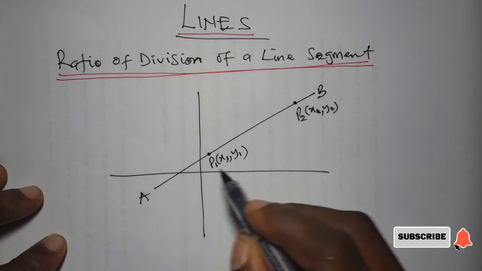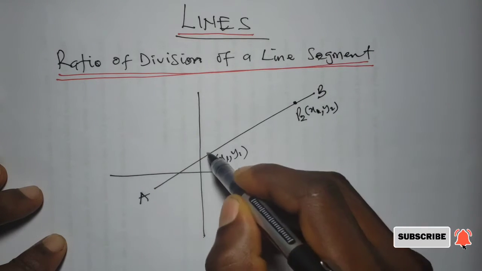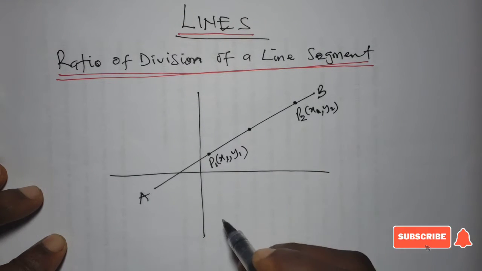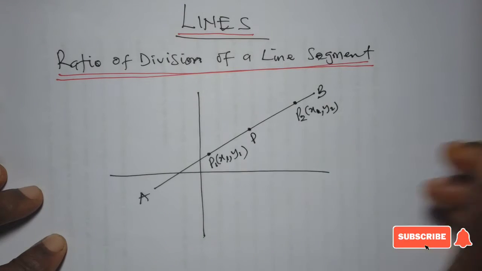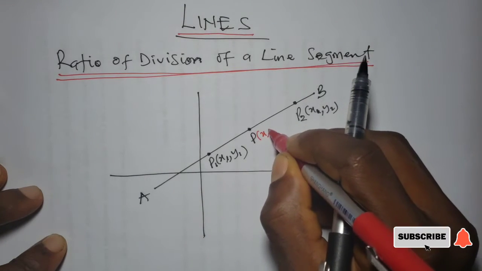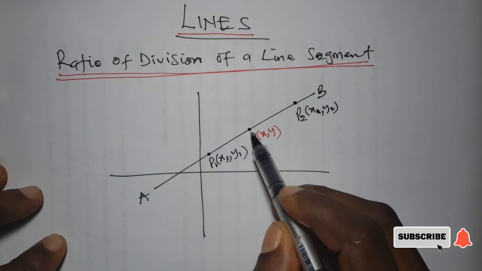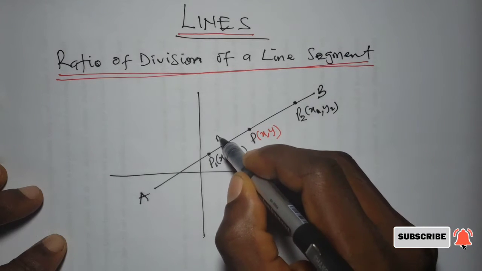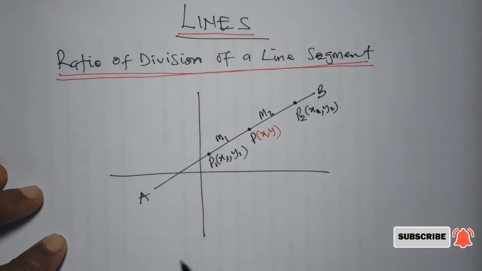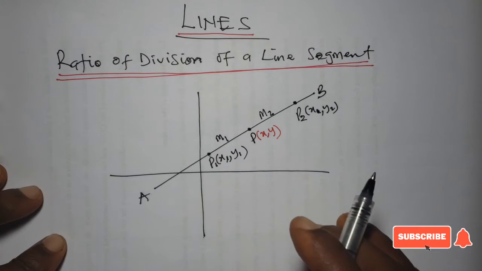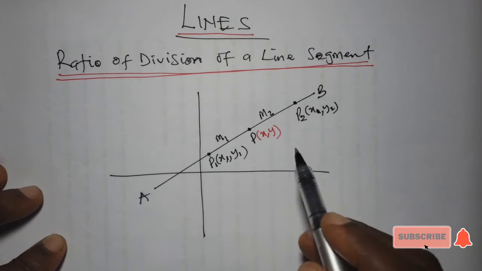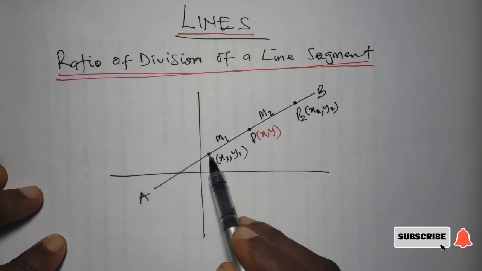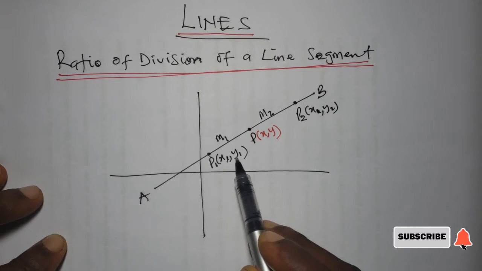Now suppose this line AB is divided somewhere here between the points A and B by another point, say P, with coordinates x and y. Now if this point P divides the line P1P2 in the ratio M1 and M2, our focus in today's class is to know what the coordinates of P will be, because P1 has coordinates x1, y1, which is known.